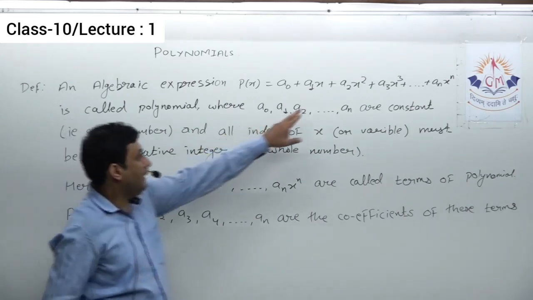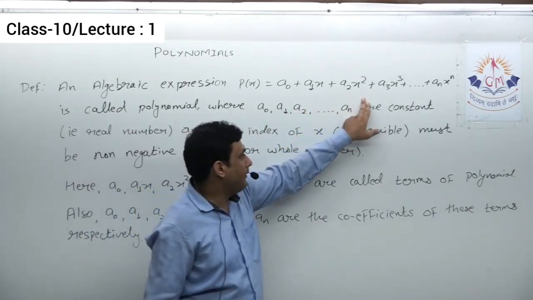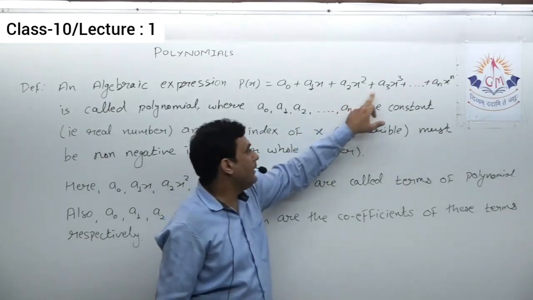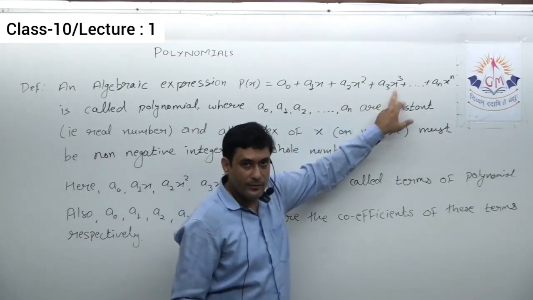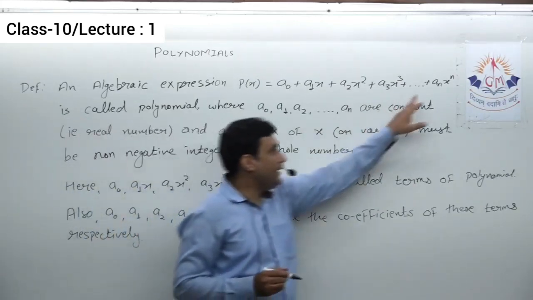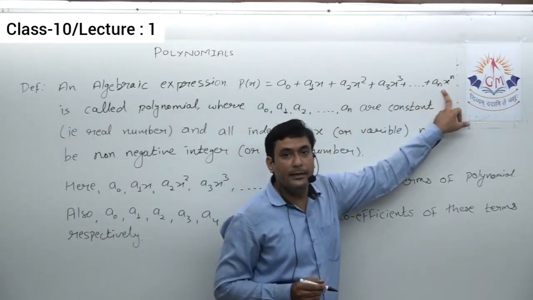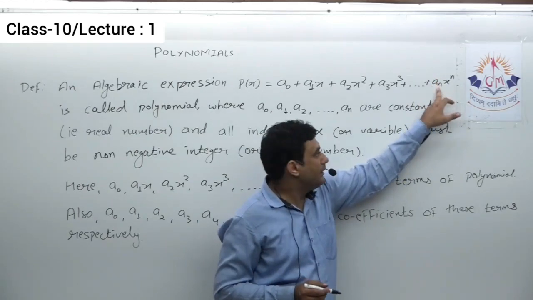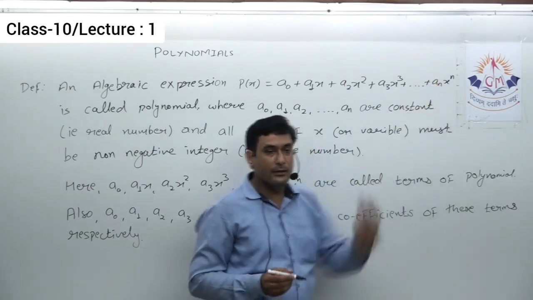That is, a2 is the coefficient of the third term, that is x square, a3 is the coefficient of x raised to 3, and so on. Now here an x raised to n is called the leading term, and hence an is called the leading coefficient.